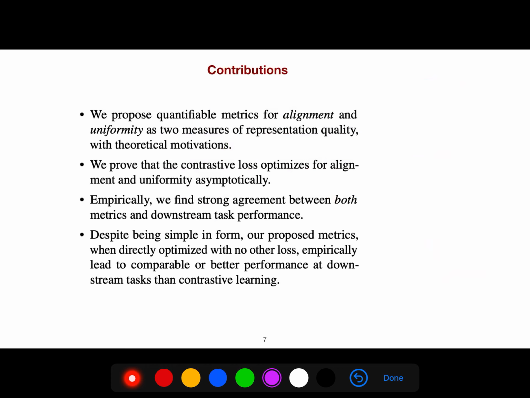And these are the contributions: quantifiable metrics for alignment and uniformity as two measures of representation quality, and a proof that the contrastive loss optimizes for alignment and uniformity asymptotically, because there is a trade-off.